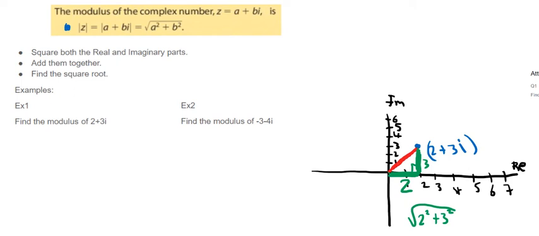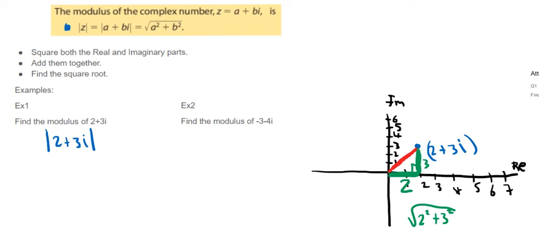Another thing as well, see this notation here that I'm circling? That's another way that it can be asked. In an exam paper, in the example here, I've written find the modulus of 2 plus 3i, but in an exam paper they can ask you this: 2 plus 3i inside absolute value signs, or just 2 lines, and that basically means modulus.